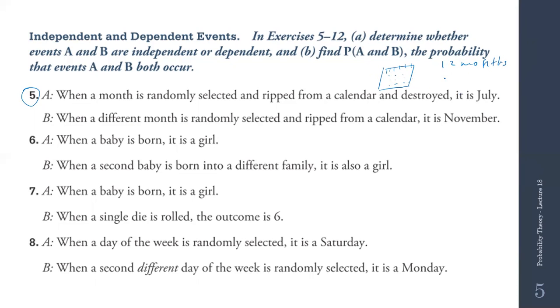We choose one and destroy it. It's July. So how many left? 11 left. It says when a different month is randomly selected and ripped from a calendar again, it is November. So first time we choose out of 12, next time we choose out of 11. So these are dependent.